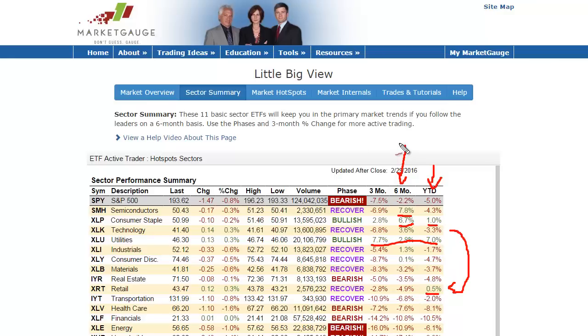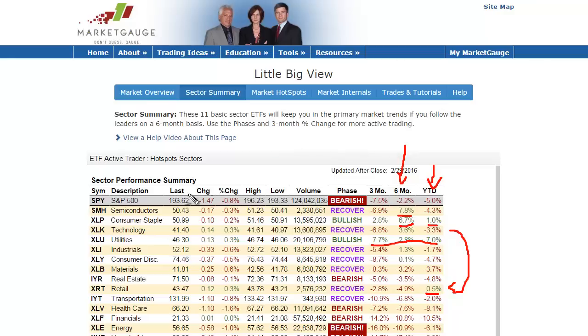That's very important. I talk a lot about leadership, how to find leadership, either in individual stocks or in this case, in ETFs. If you know which areas of the market are leading in a particular time frame, or which individual stocks are leading in any time frame, and they're doing it despite what the market does, you've got powerful stocks to trade from the long side, and they don't have to be hitting new highs.